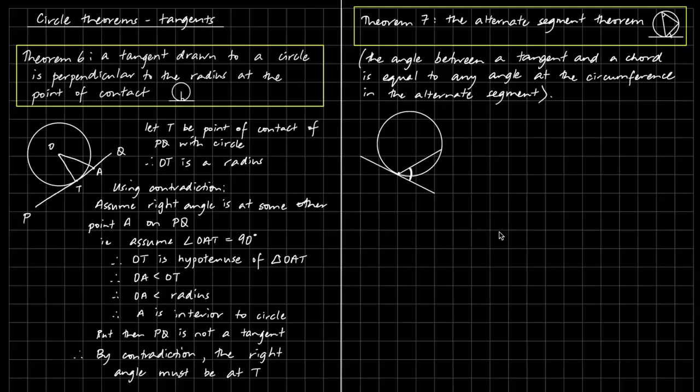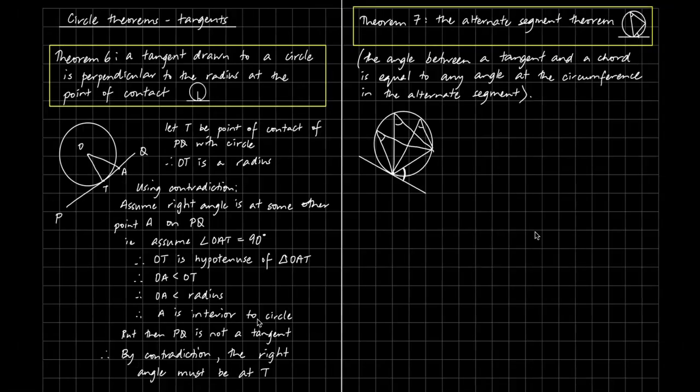So this is saying the angle between a tangent and a chord is equal to the angle at the circumference, anywhere at the circumference, in the alternate segment. So since that angle between the tangent and chord is in the minor segment, then we're saying the angle at the circumference anywhere in the alternate segment. So all of these are angles at the circumference.